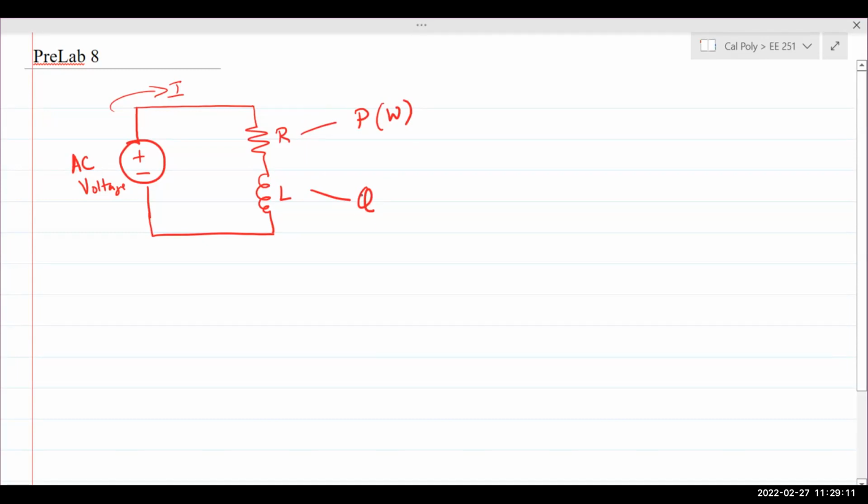So AC power transmitted to an inductor is noted by the letter Q for reactive power. It has the unit of volt ampere reactive, VAR.